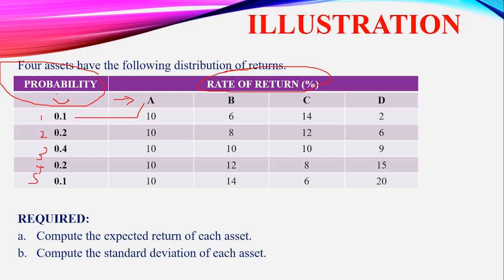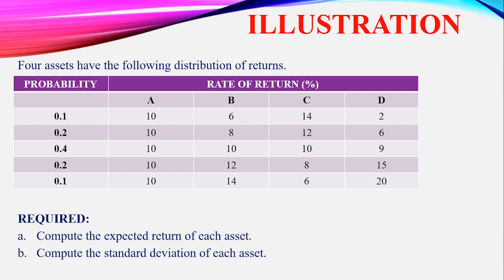At the state of 0.2, that is the return. So you can get the returns at different states. Then the question is saying required to compute: part A, compute the expected return of each asset. Part B, compute the standard deviation of each asset.